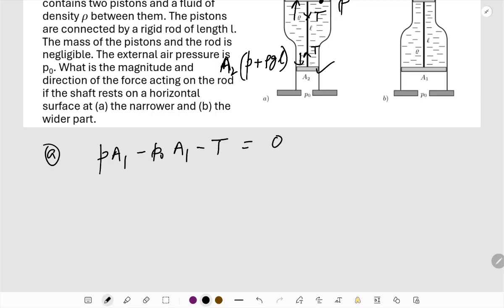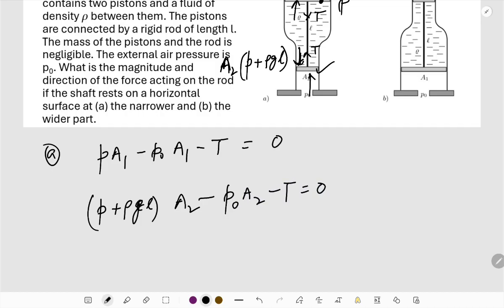That is the pressure force acting downward, with atmospheric pressure here, and a tension in the upward direction. So I can write P plus rho GL A2, that is the water pressure force, minus atmospheric pressure force P naught A2, and minus tension, is equal to 0. And nothing else.